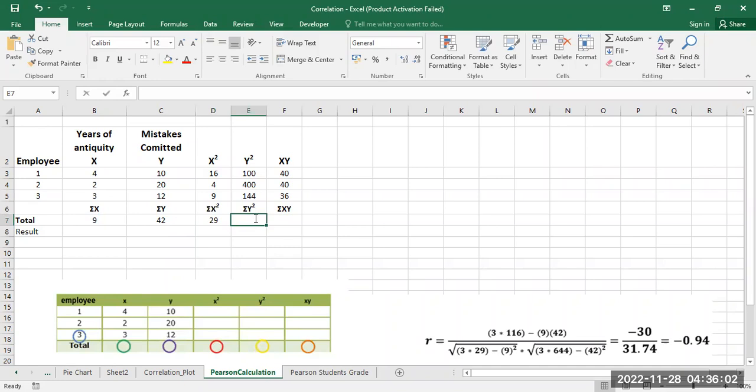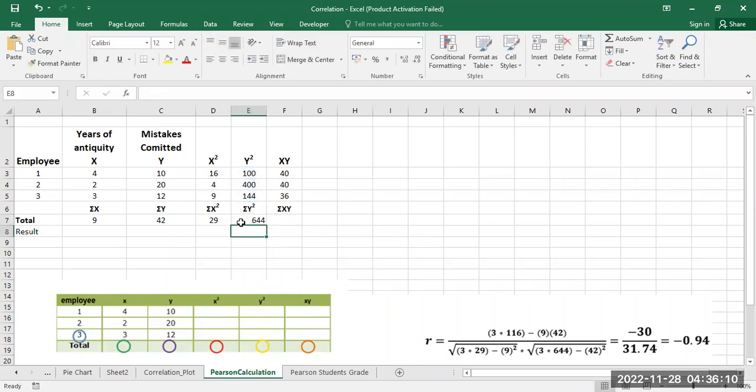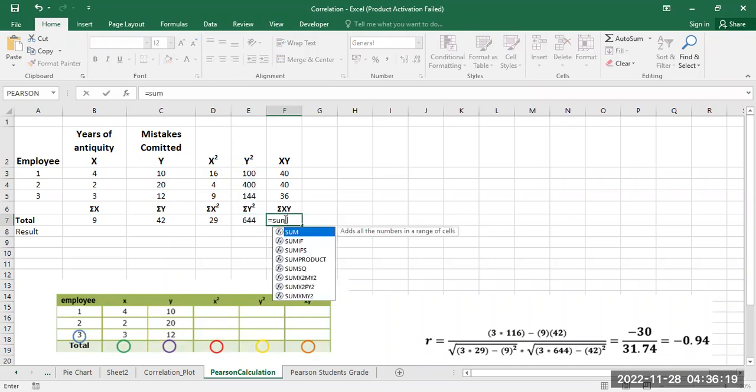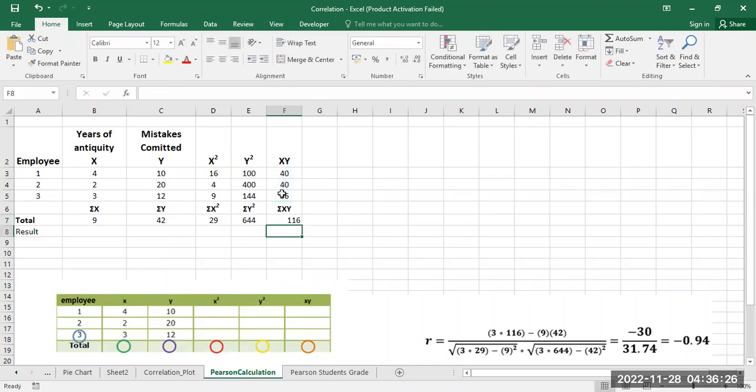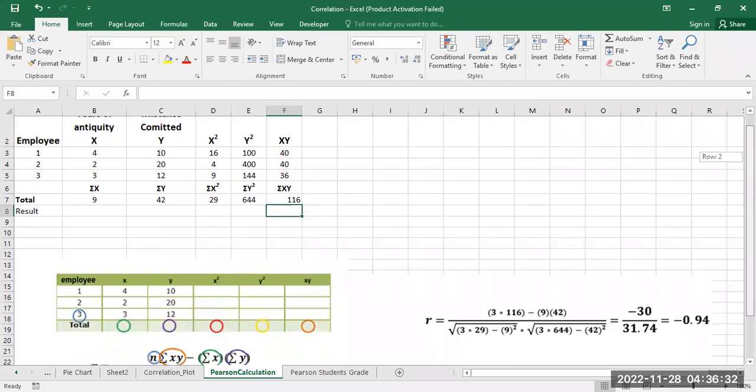For this, it's also going to be SUM. And then last but not the least, you can see Excel has neatly inserted all these formulas for me.